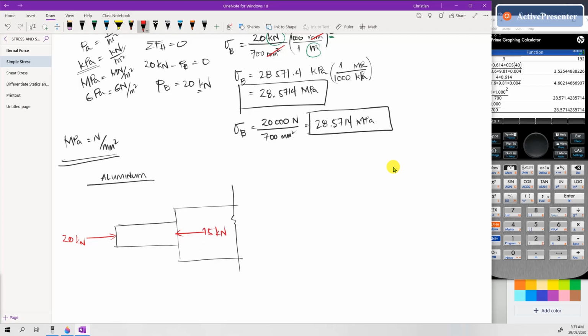Okay. Then, we need to determine yung actual force or yung internal force sa aluminum. Tawagin natin siyang P sub A. Okay. So, in this figure, obvious na for us to have an equilibrium, yung direction ng PA should be towards the left.